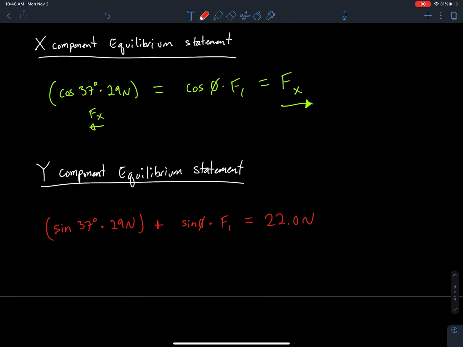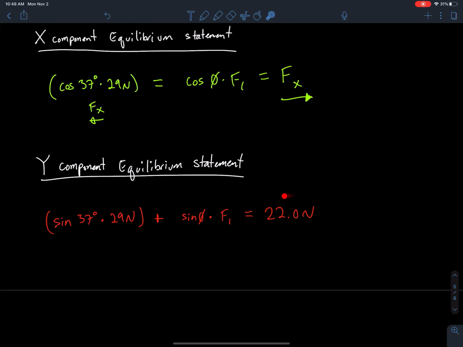Here's something interesting. I could solve for this number, and I'd be able to find out that force of tension, because that's my force of tension. It would be 22.0 newtons minus sine of 37 degrees times 29 newtons.